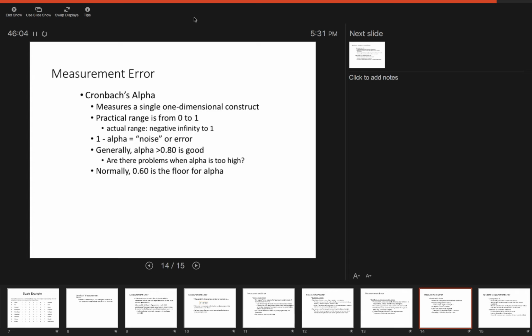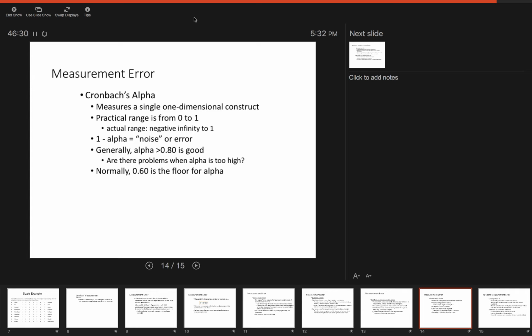The range is, in practical terms, from 0 to 1. But actually, mathematically, it can range from negative infinity to 1. But if you get a Cronbach's alpha that's negative, there's some problems with your data. Something needs to be reverse coded. A couple things need to be reverse coded, but there's likely some issue like that you need to resolve.